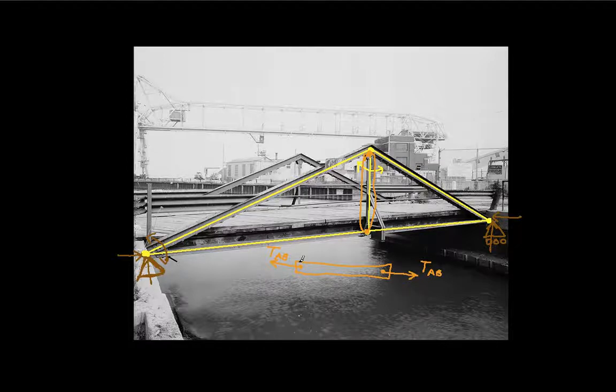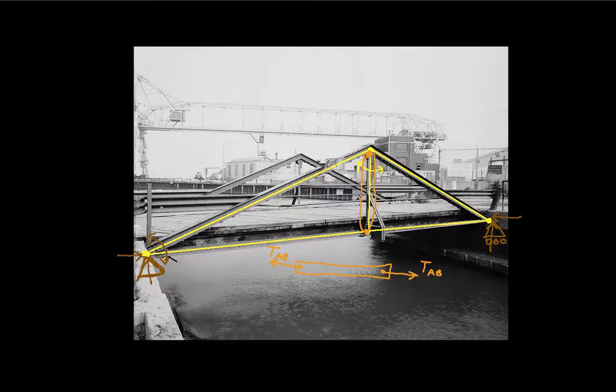The reason we need to do this is we need to make sure that our design has the proper strength materials that will be able to handle the tension and compression that are part of being this truss. And so our goal now is to solve for the tensions in all of the members.